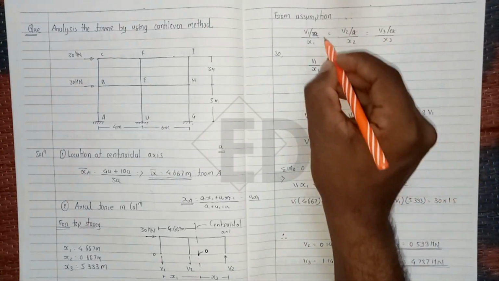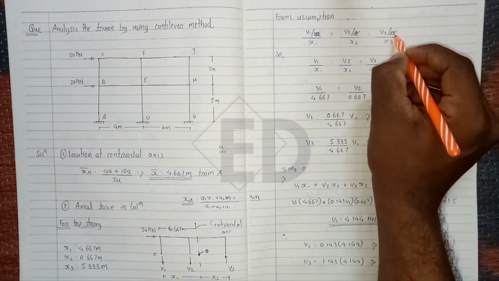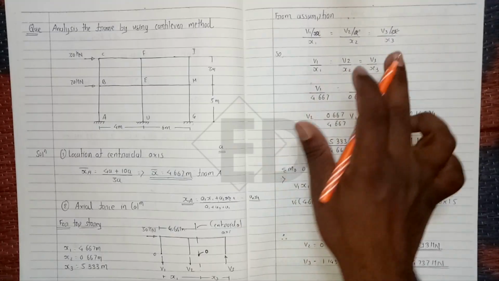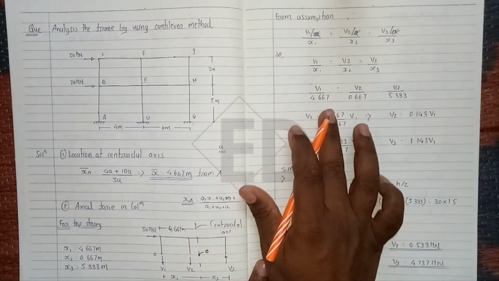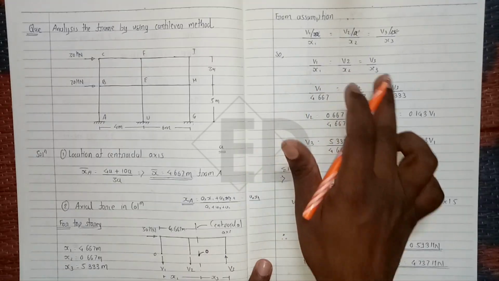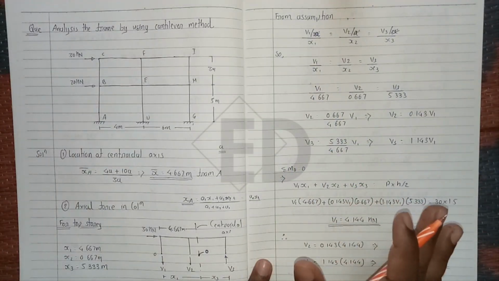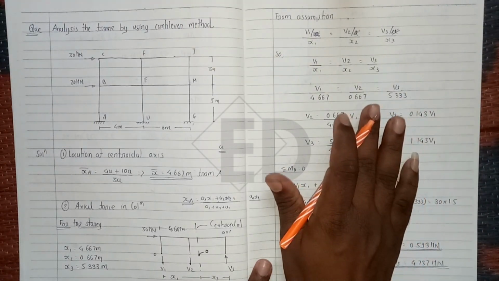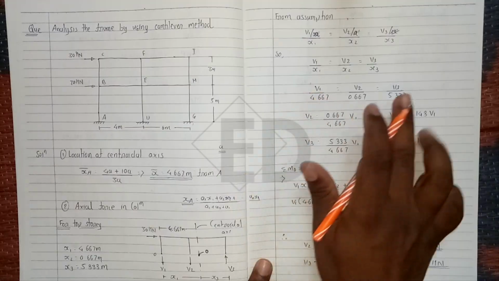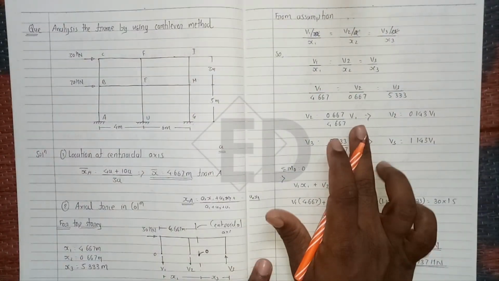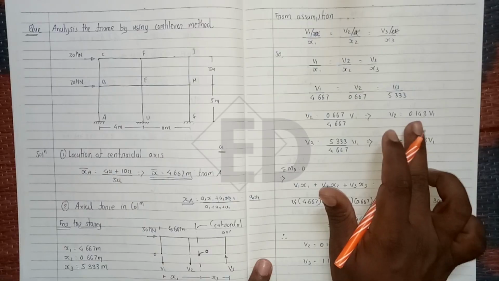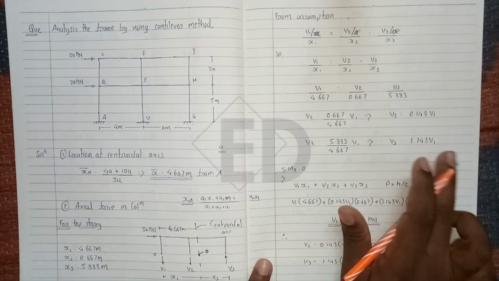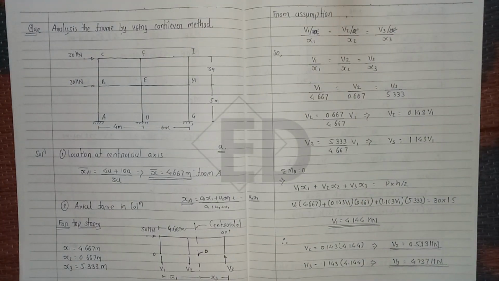All this area is common, hence we cancel it out. Hence we get V1 by x1, V2 by x2 and V3 by x3. We know the values of x1, x2 and x3. Just put them in and convert this equation in terms of one unknown, meaning V2 in terms of V1 and V3 in terms of V1. So we get V2 equals 0.143 V1 and V3 equals 1.143 V1.